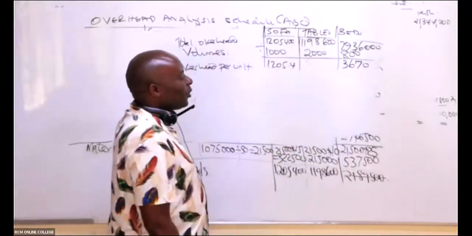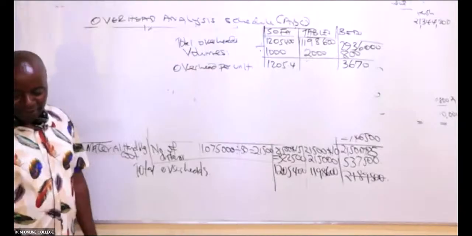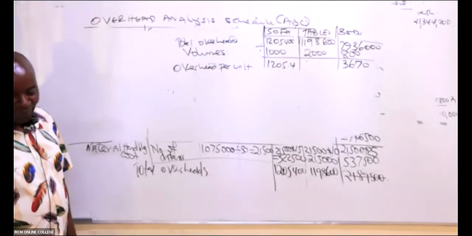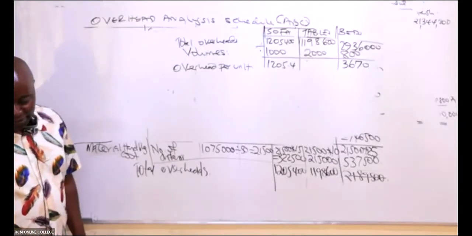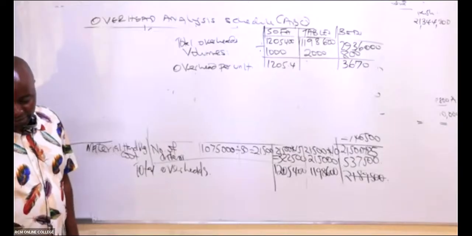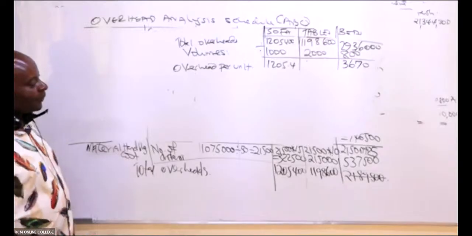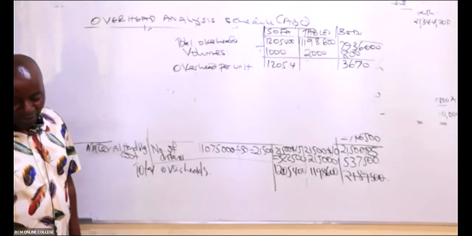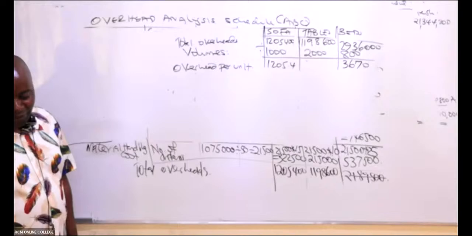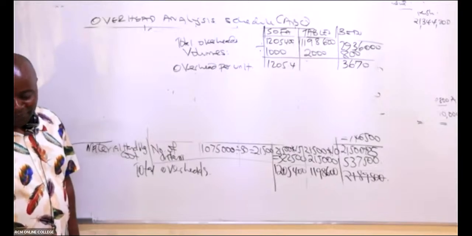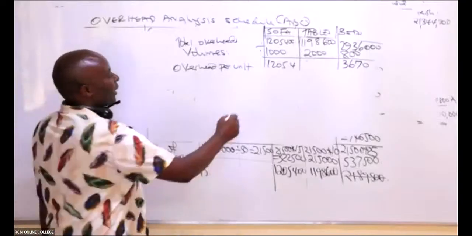How about the tables? $29,36,000. Yeah. So tables. Why online students, I can't hear you at all. 599 point.